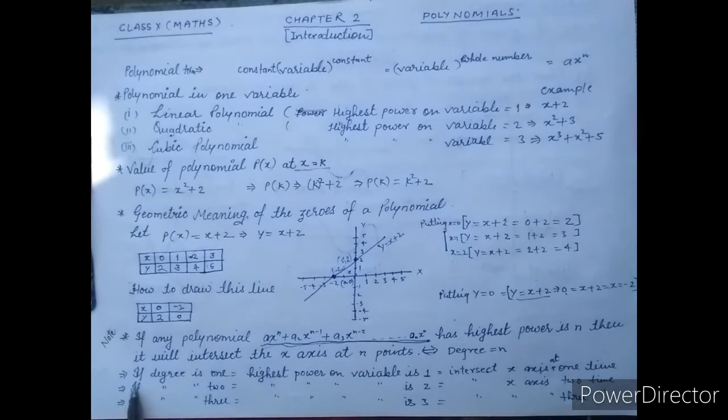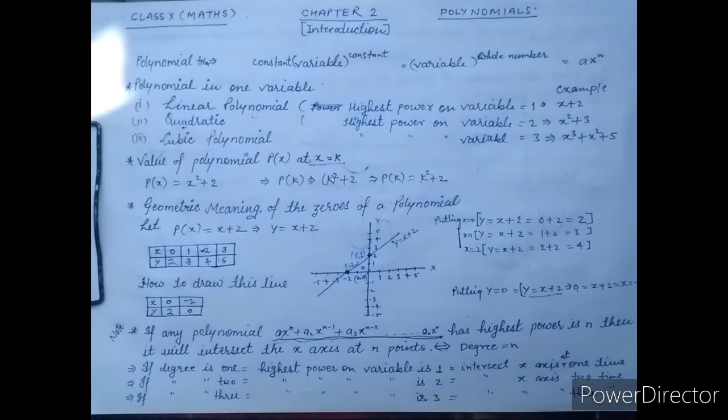As an example, if degree is 1, means highest power on variable is 1, and it will intersect the x-axis at one time. And if degree is 2, means highest power on variable is 2, then it intersects the x-axis at 2 times.